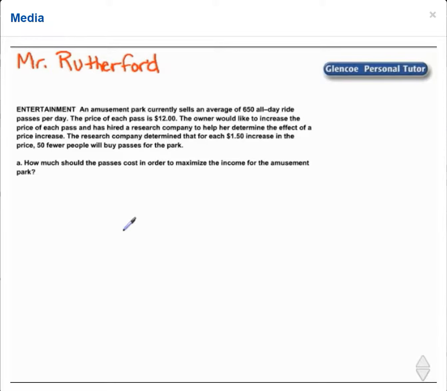So in this problem, we need to determine how many times the owner of the amusement park should increase the price of the passes by $1.50 to maximize the income for her amusement park. So first, we're going to let x equal the number of price increases of $1.50.